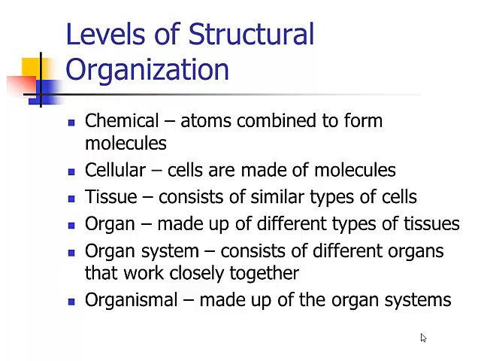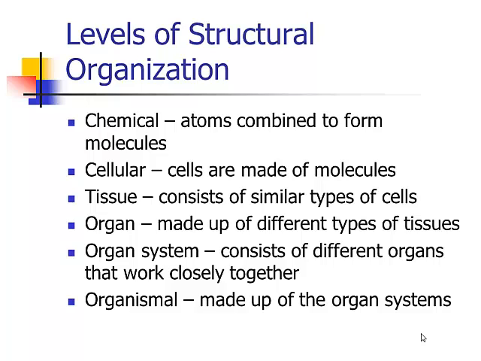So the first level of structural organization is at the chemical level. It's those atoms and molecules that are making up the parts of a cell. The second part is the cellular part. And cells are made up of molecules. Cells have organelles in them that have specific functions, etc. We studied that in biology.